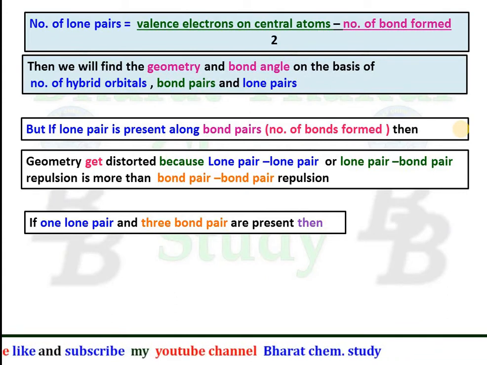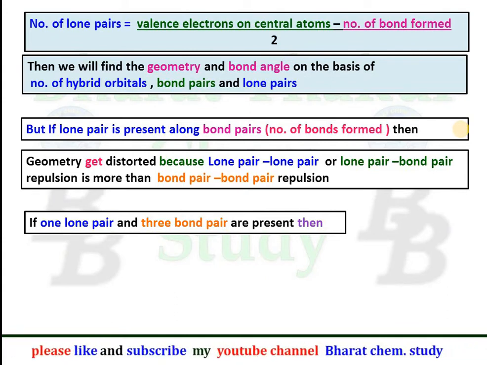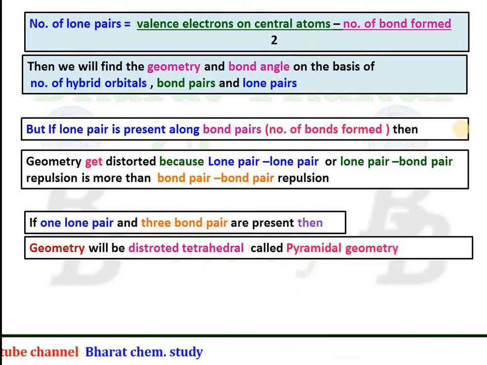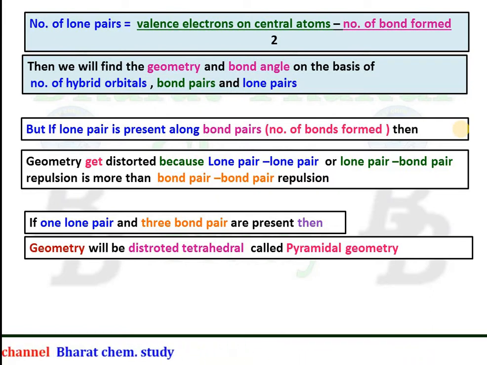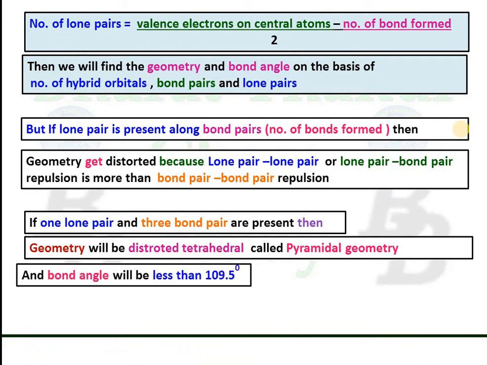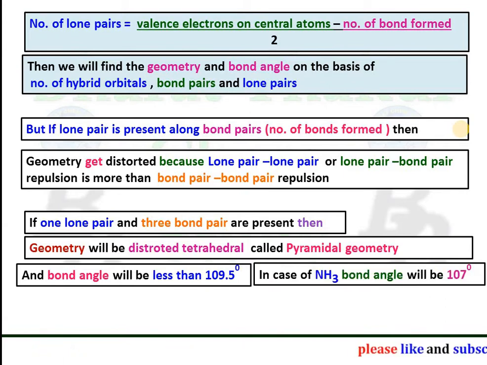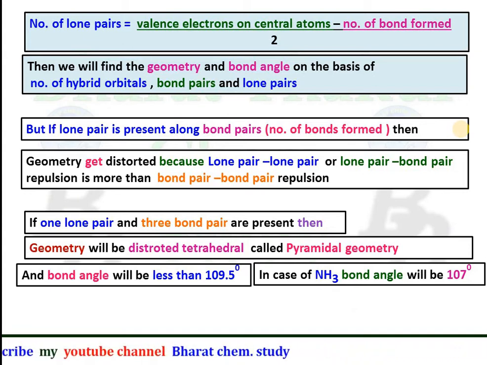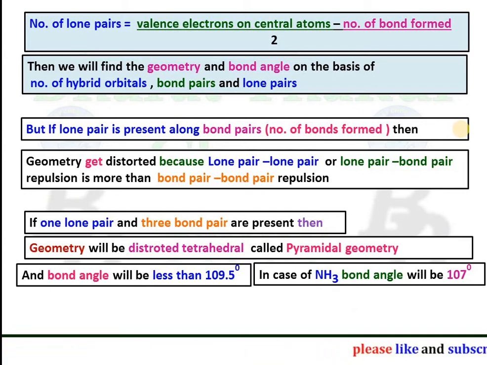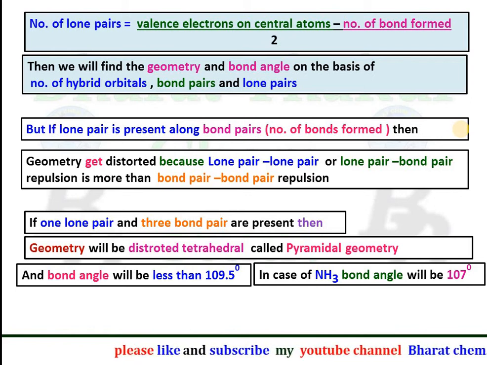So the geometry should be tetrahedral, but due to the presence of 1 lone pair, it has a distorted tetrahedral geometry, and in this case, when 1 lone pair and 3 bond pairs are present, such geometry is called pyramidal geometry and the bond angle will be less than 109.5. For example, ammonia has 1 lone pair and 3 bond pairs, therefore it has pyramidal geometry.